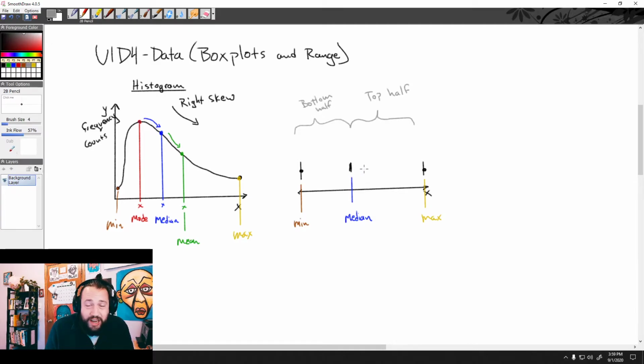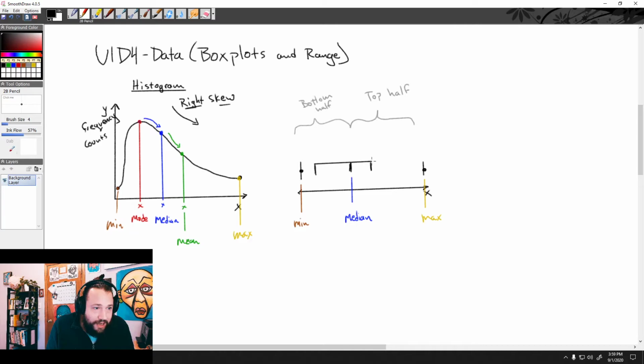So now it really wants to know what's the middle of the top half, which because it's stretched, because it's right skew, is actually going to be right about here. And this one's going to be right about here.